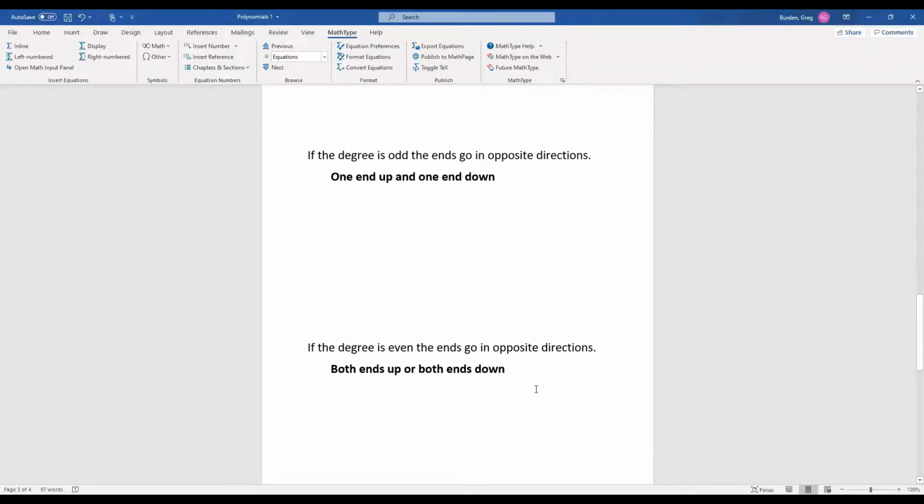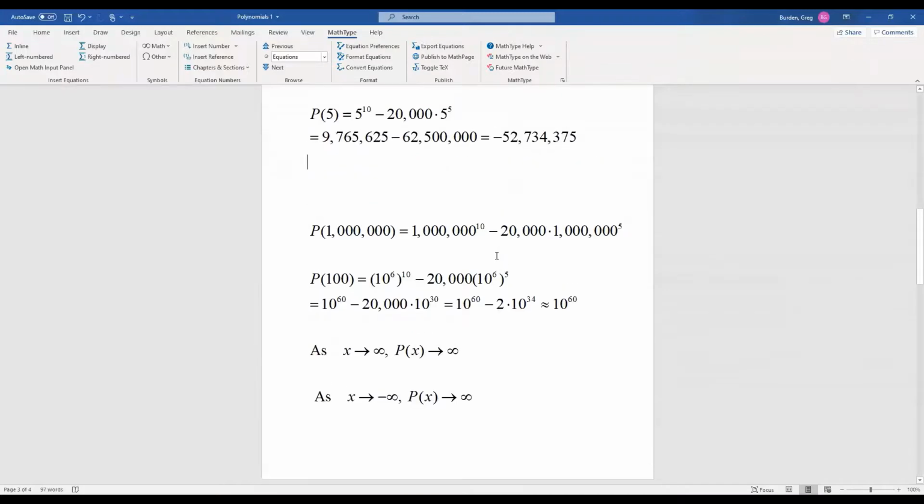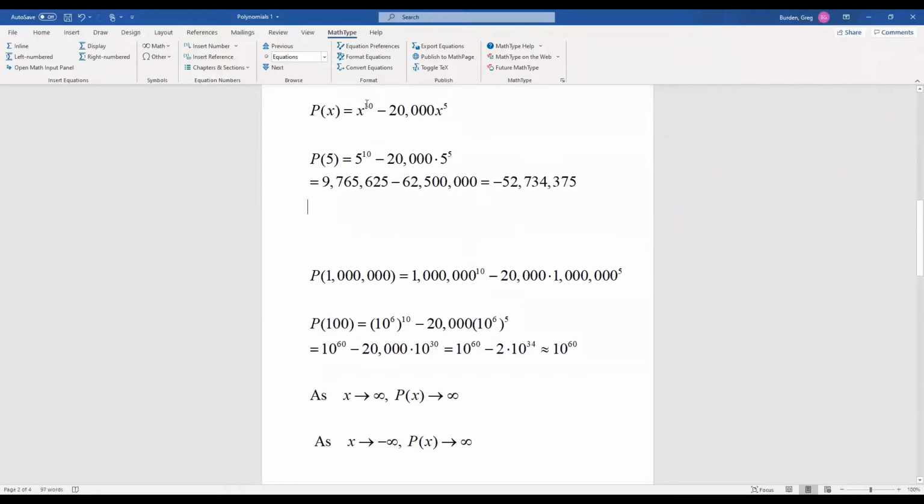I just looked at an even degree polynomial. But if you had an odd degree polynomial, if we went back and did an analysis with this, maybe changing x to the 10th to x to the 9th and doing some calculations, what you're going to find is, again, that this first term is very determinative in terms of looking at how big the numbers are. But the other thing you would find is that if we had x to the 9th here, well, then if you plug in a negative, this would be negative.